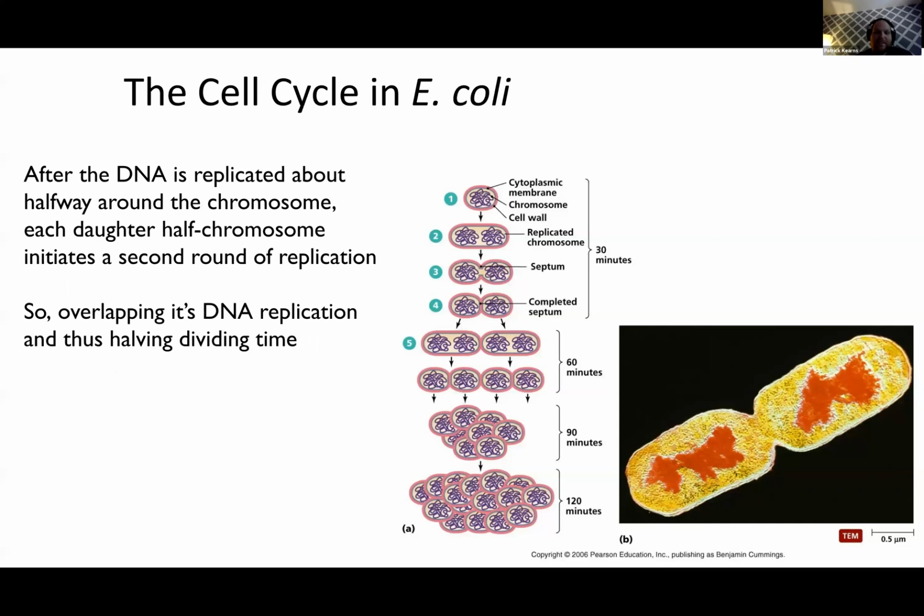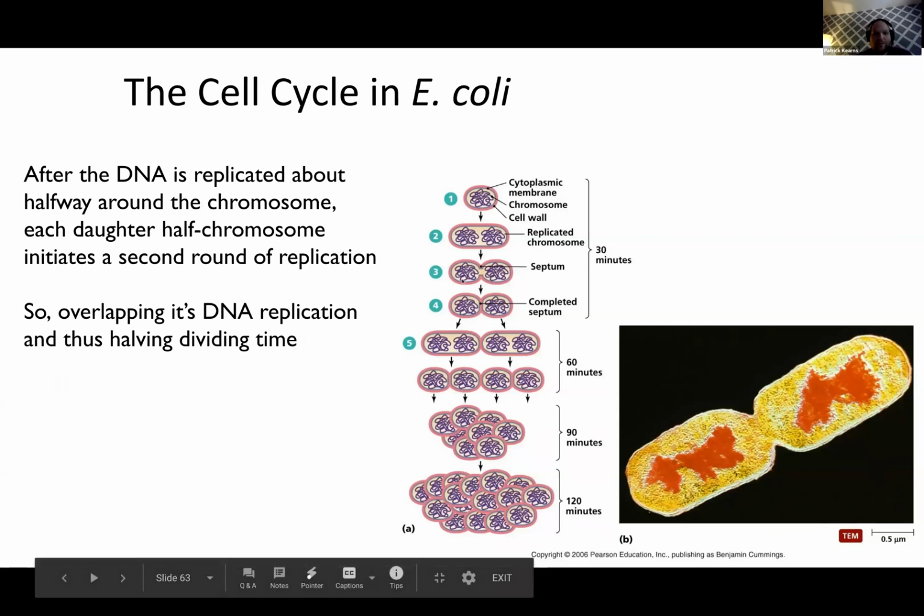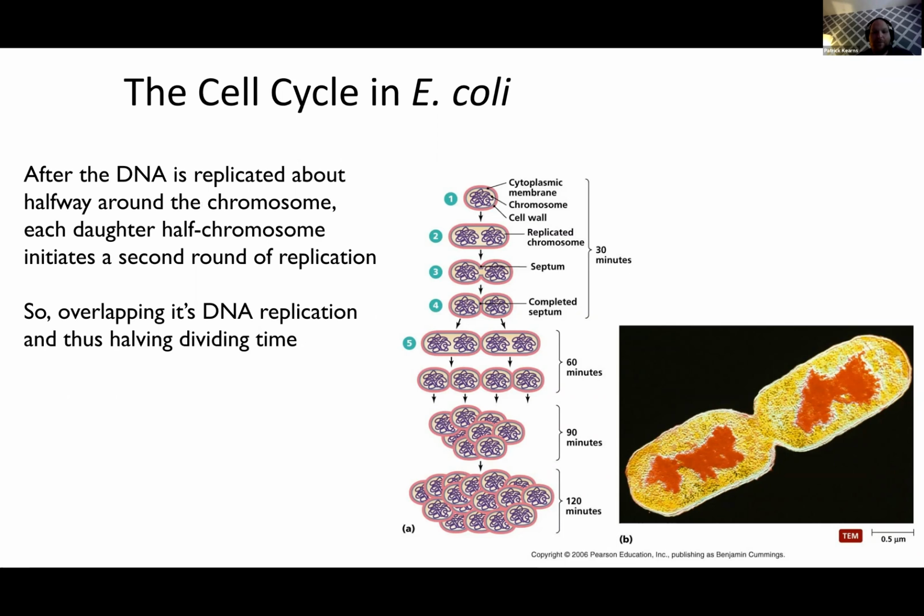Well, after the DNA is replicated about halfway around the chromosome, a second round of replication begins. So what it does is overlap DNA replication, thus halving the dividing time. What does that mean? As you see, it's got one cell, it does its chromosome. At about halfway through the division process, it starts to replicate its genome again.